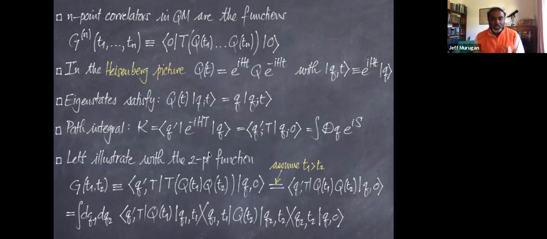Well, I know that these Q comma T's are eigenstates of the operator Q, which means that each Q is going to act on its eigenstate.